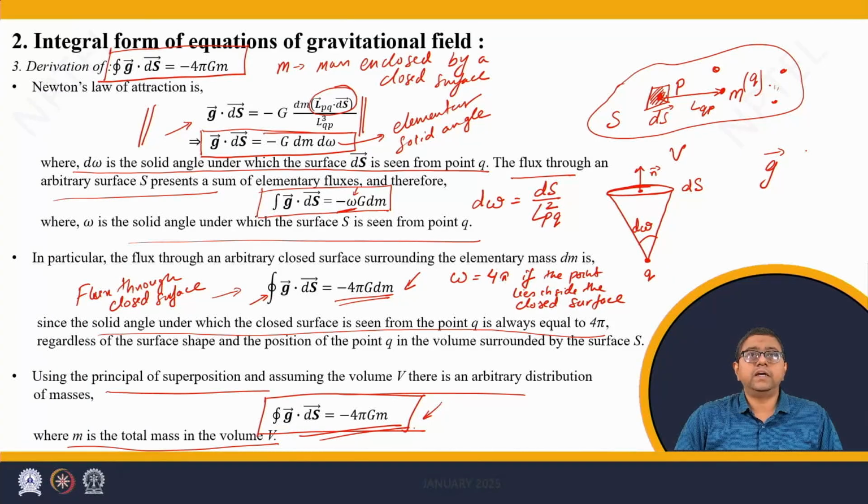So we obtain the second integral equation for the gravitational field, which is the flux equals minus 4π G M.